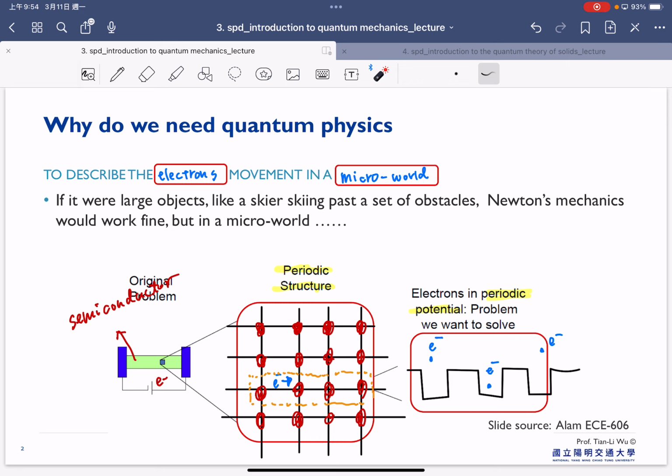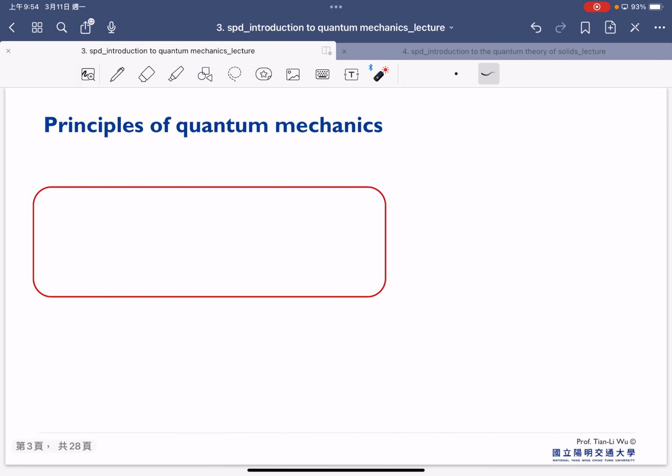Okay, so for sure, the next part is we start to get involved with the more fundamental theories and more mathematical calculation. There are some basic principles that allow us to further address the question, and they come from quantum physics.